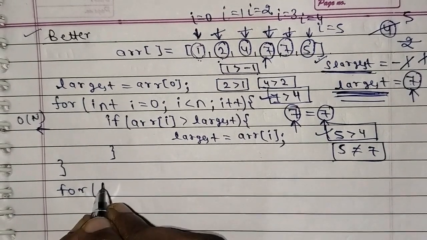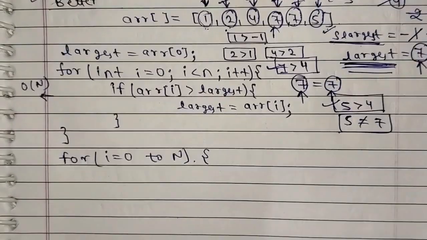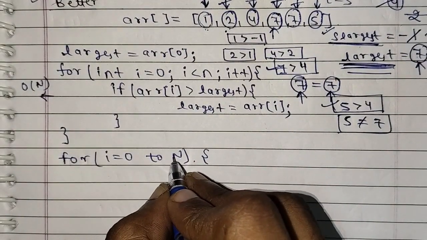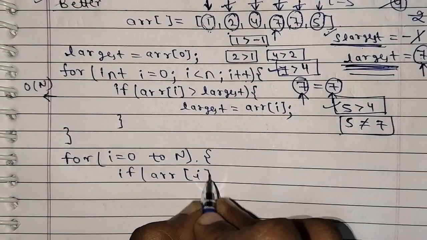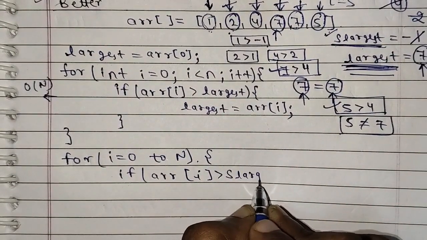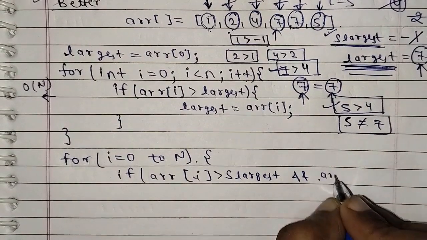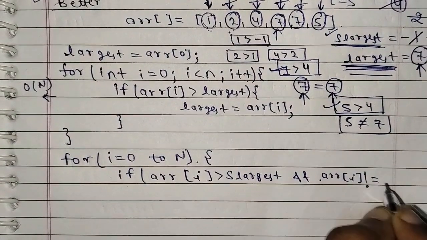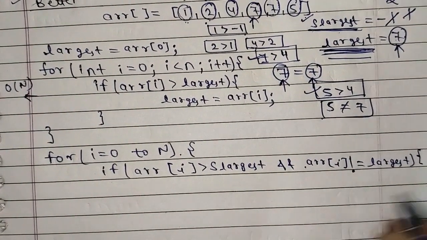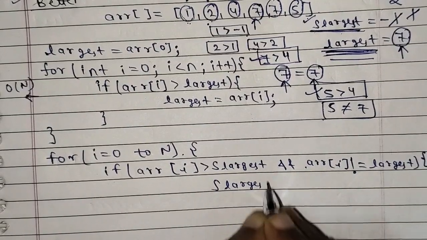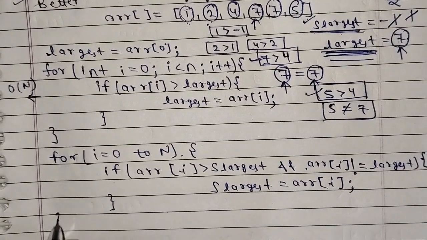So simply a for loop from i equal to 0 to n, and here if arr[i] is greater than second largest, and at the same time it is not equivalent to largest, then update yourself to arr[i].